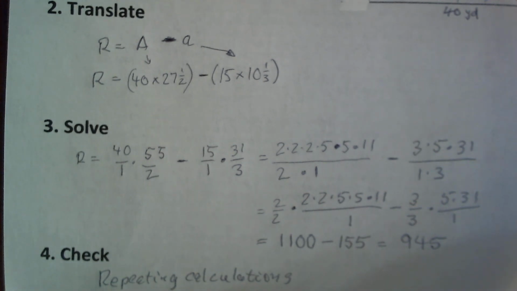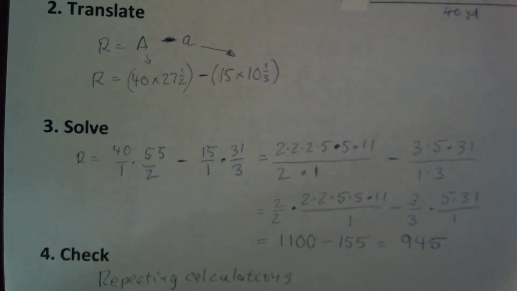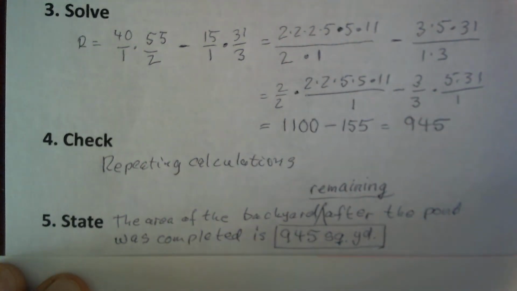And now we state our answer. The area of the backyard remaining after the pond was completed is 945 square yards.